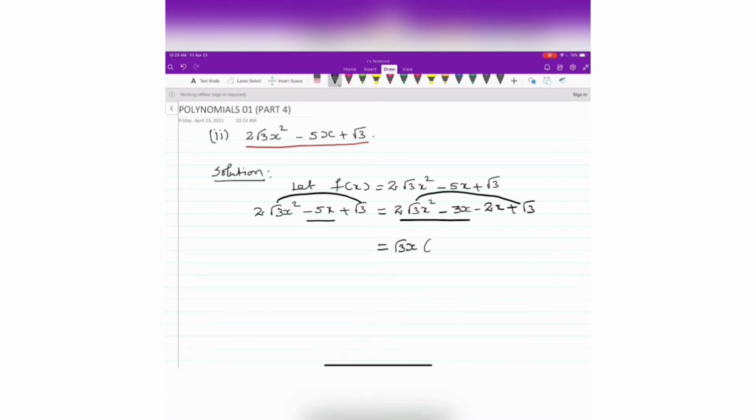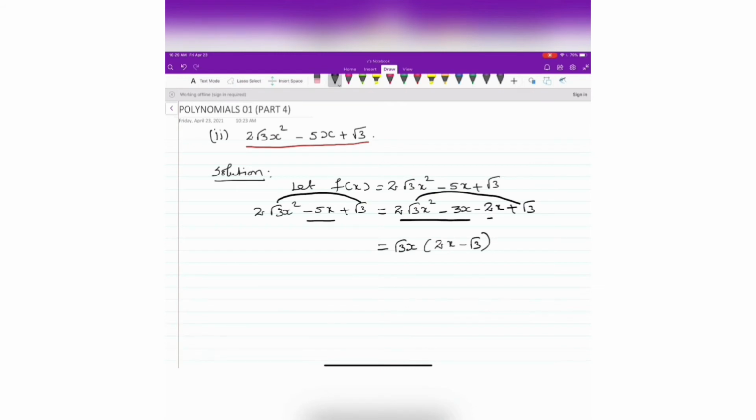Then inside I will be having 2x minus x is already there outside, but I want 3. But root 3 is outside, so I can write over here root 3. Therefore, root 3 into root 3 will give 3.